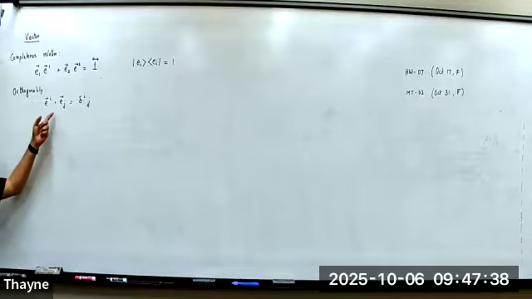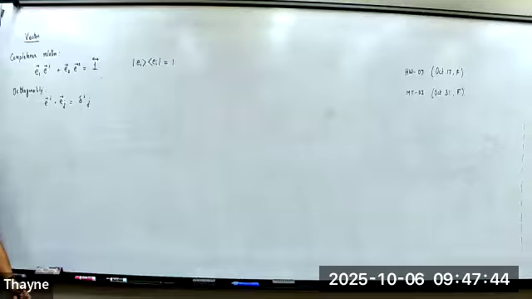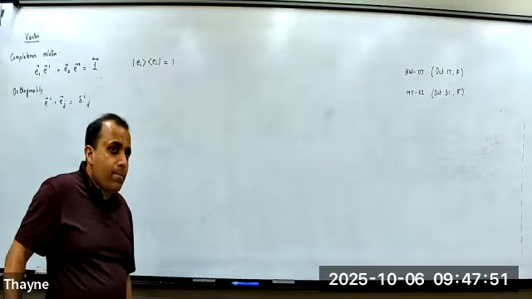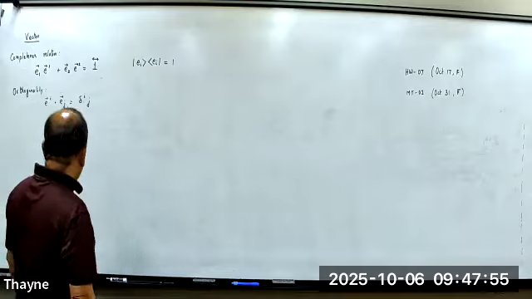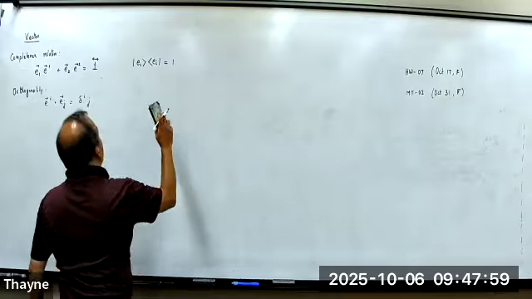So if it was i hat and j hat, i hat multiplied by i hat itself gives you 1, j hat multiplied by j hat gives you 1. Otherwise, it's 0. It's the same thing as a scalar one. You just stop writing that vector.